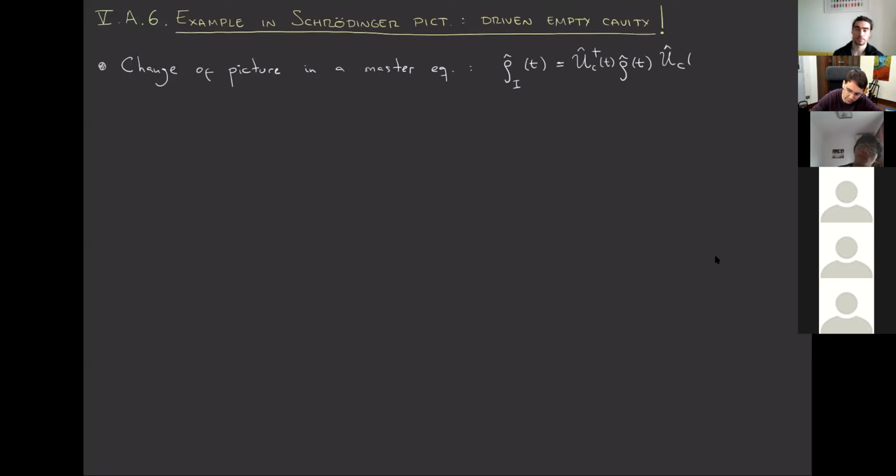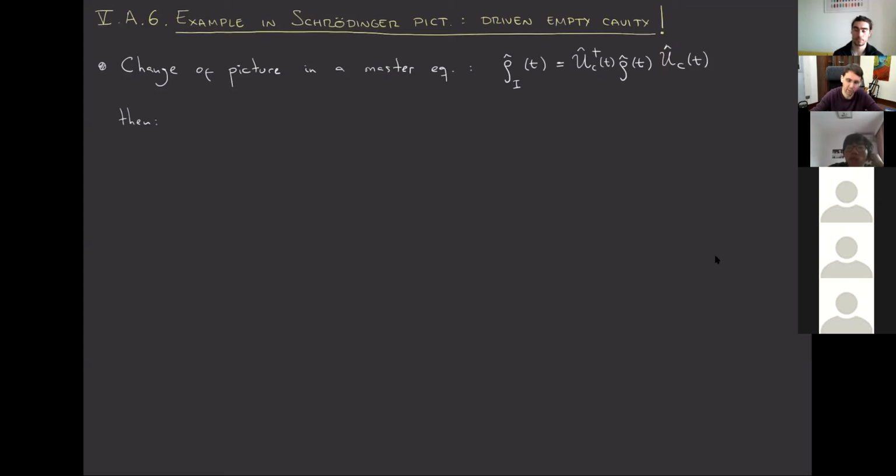In particular, we discount the evolution given by this operator U_C of t. So this is a unitary operator. Then it's very simple, like we did for the case of just a Hamiltonian system, of a system that evolves according to the von Neumann equation.